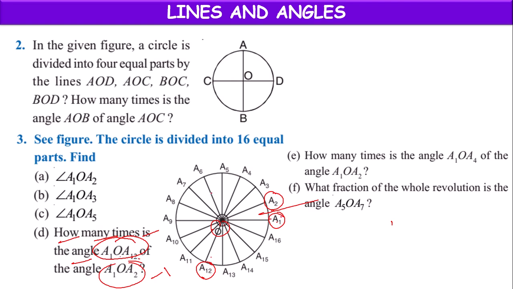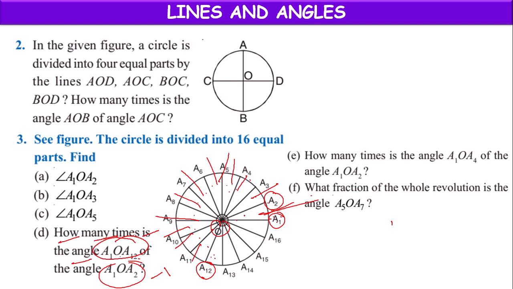We have to count like this because the rotation started from A1, A2, A3 like that. We have to count the parts like this: 1, 2, 3, 4, 5, 6, 7, 8, 9, 10, 11, up to A12. That is 11 parts.